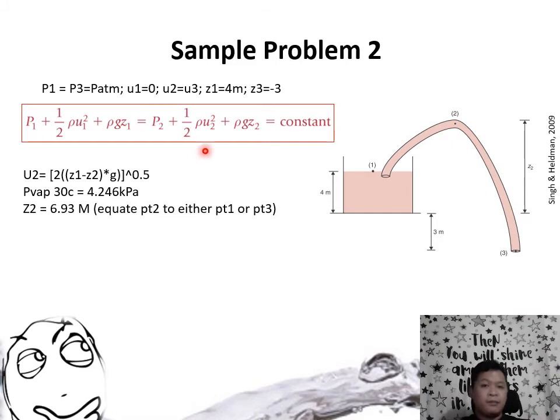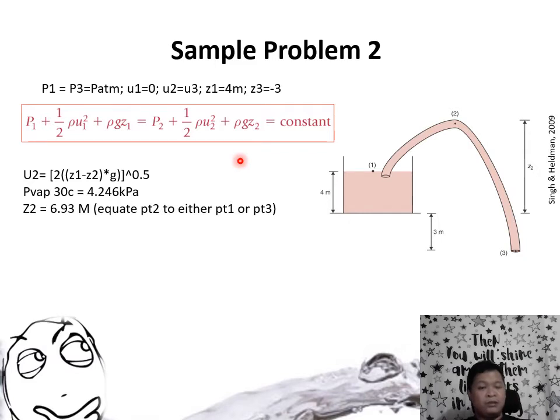Okay. The height at point 1 is 4 meters and the height at point 3 is -3 meters with respect to this horizontal level. So therefore, the height at point 2 will also be computed based on this horizontal flat surface as 0.